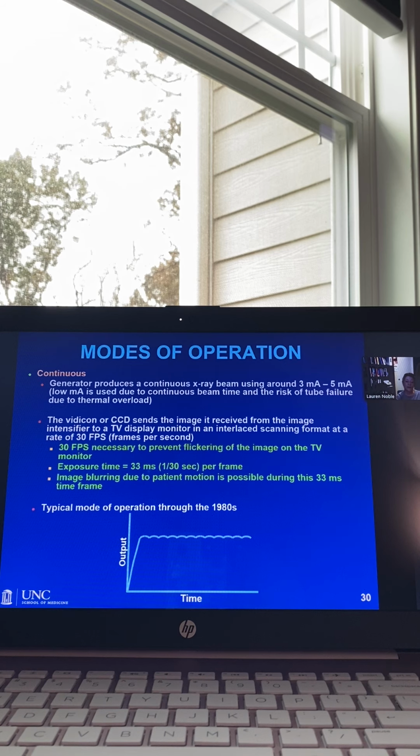The downside is the patient could end up moving. But we need a low MA to not overheat the tube, and we need a longer time to give the unit a chance to display the image. Okay, does that kind of make sense?